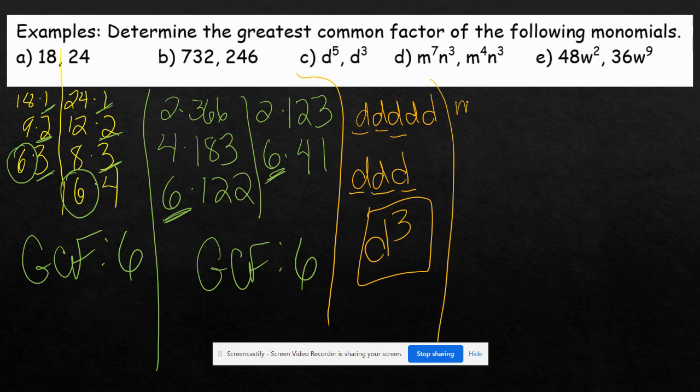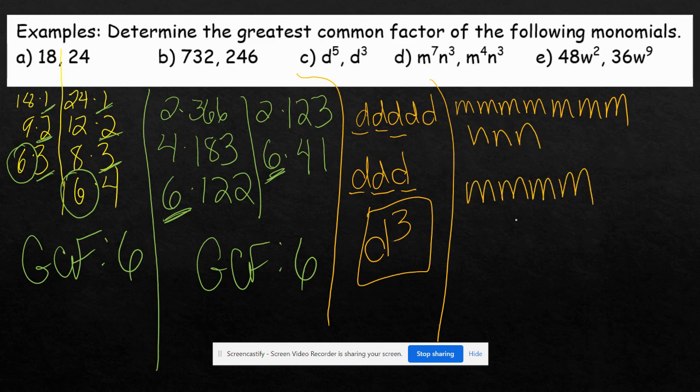M to the 7th, N to the 3rd. And then we have M to the 4th and N to the 3rd.